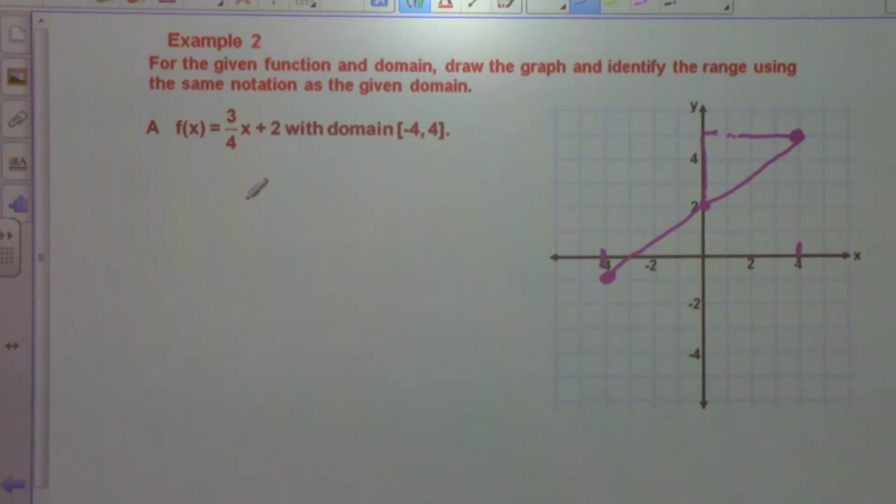And how do we write the range down? It says use the same notation. So our range is going to be what? How do we find our range out of this graph?